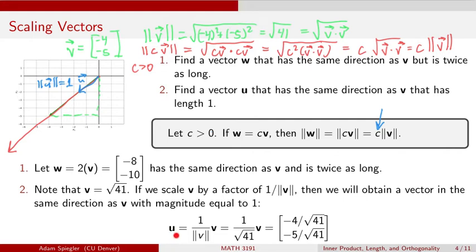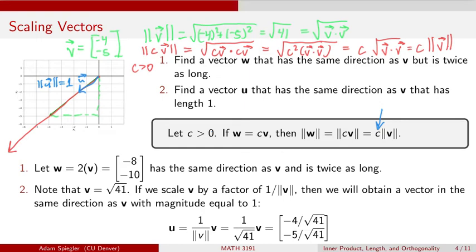So for this vector u, the scalar that I'm going to multiply v by is 1 over the magnitude of v, and the magnitude of v in this case was the square root of 41. So if I take 1 over the square root of 41 times this vector v, that means I multiply each entry in the vector v by 1 over the square root of 41.